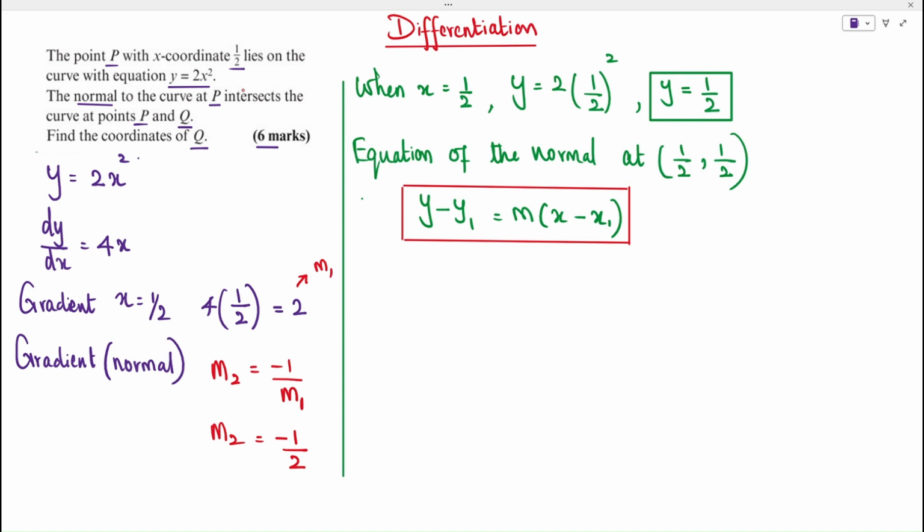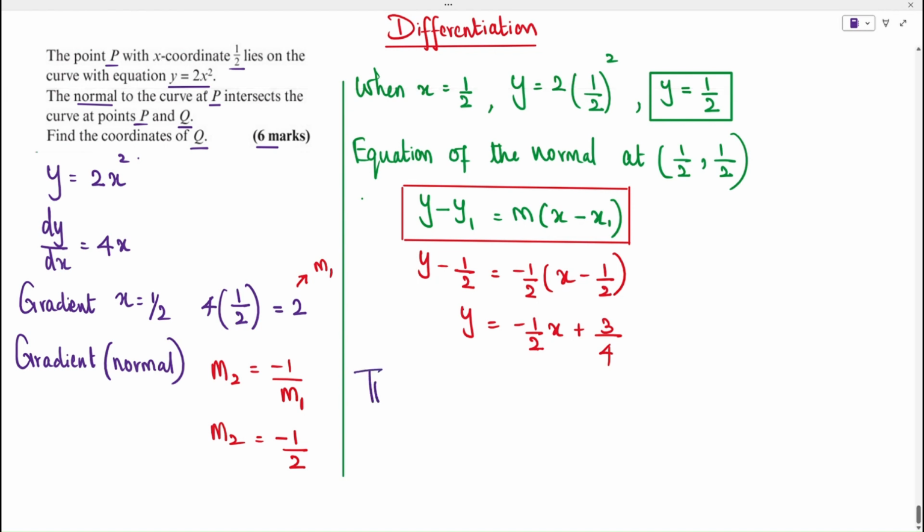We're now going to substitute our values for x1 and y1. So we have y is equal to minus a half times x plus 3 over 4. So we have the equation of our normal.